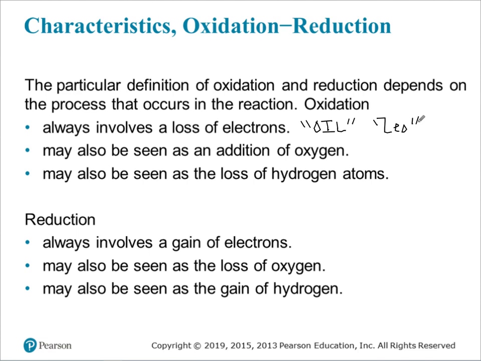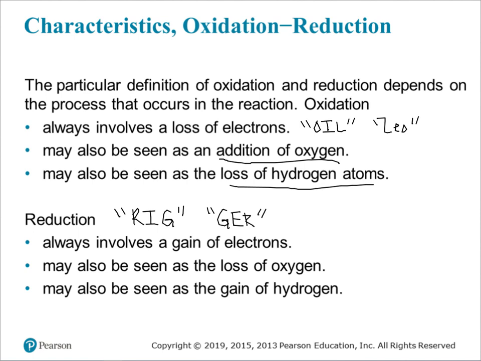You can also see oxidation as the addition of oxygen and the loss of hydrogen atoms. Reduction, which is the rig part of oil rig, and the grr, which is what Leo the lion says, it always involves gain of electrons. You can also see it as the loss of oxygen or the gain of hydrogen.